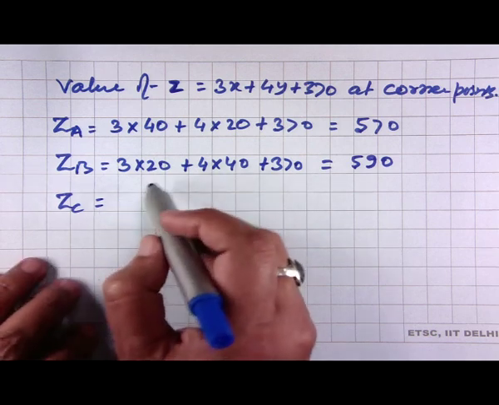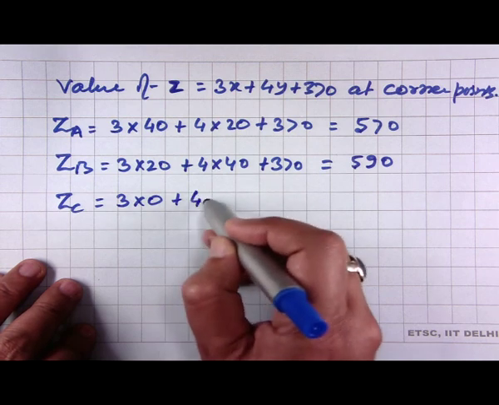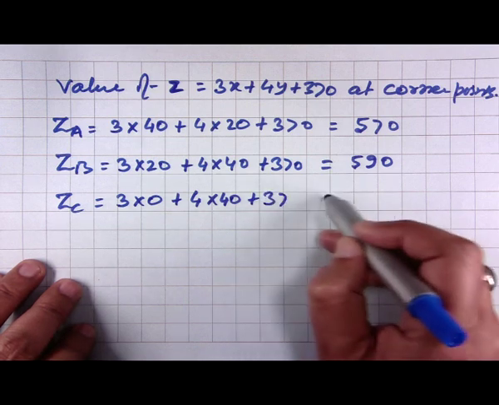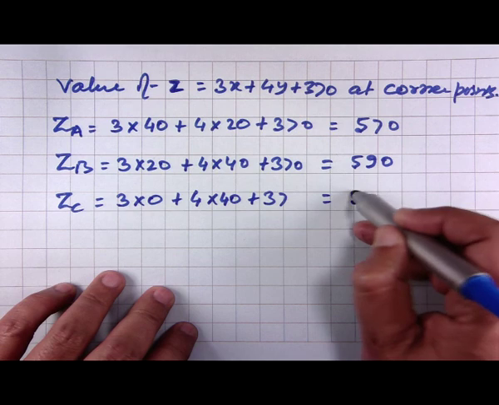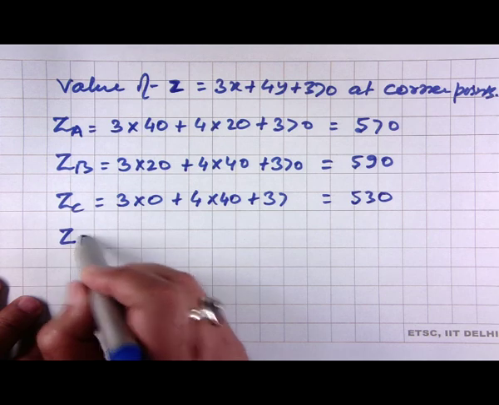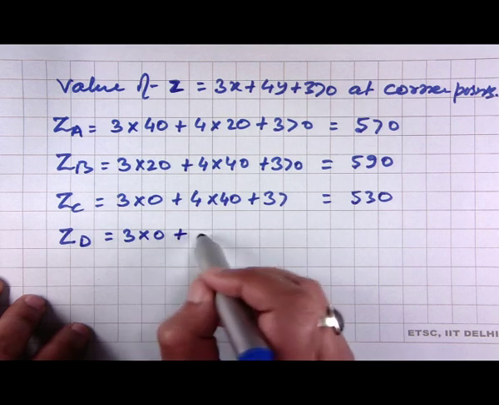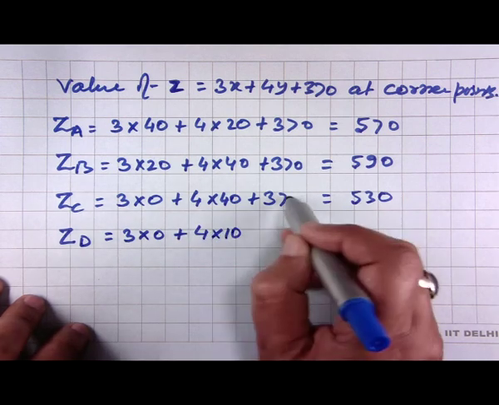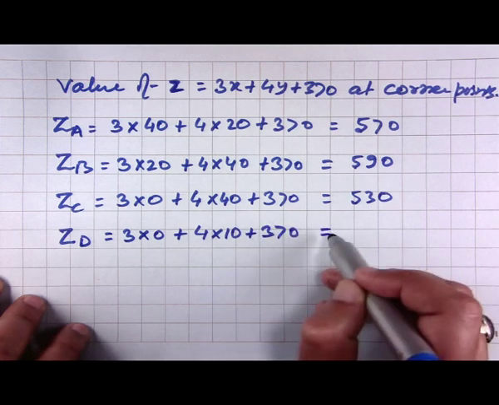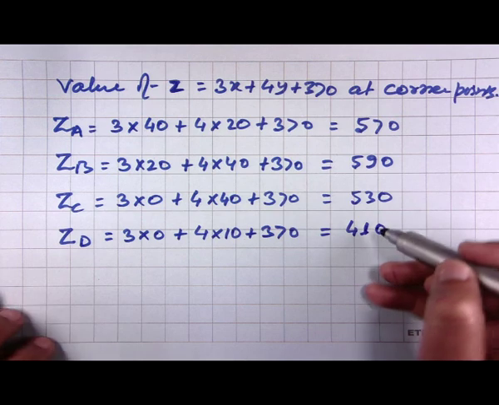Z at C, 3 into 0 plus 4 into 40 plus 370, 530. Z at D, 3 into 0 plus 4 into 10 plus 370 equal to 410.